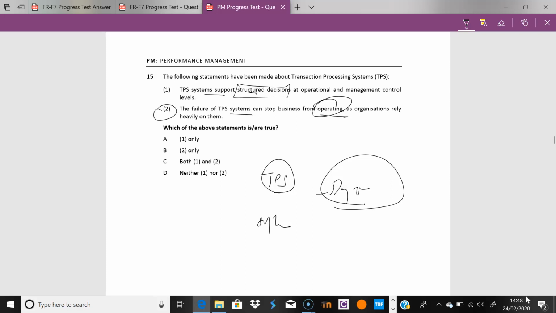For structured decisions, you're typically looking at your management information systems supporting your management decisions. So someone's taken that day-to-day operational information and created some sort of analysis and reports with it before we can actually use that information. So in effect, the only thing that is true here is number 2. So great. Those are the question 11 to 15, and I'll see you in 16 to 20.